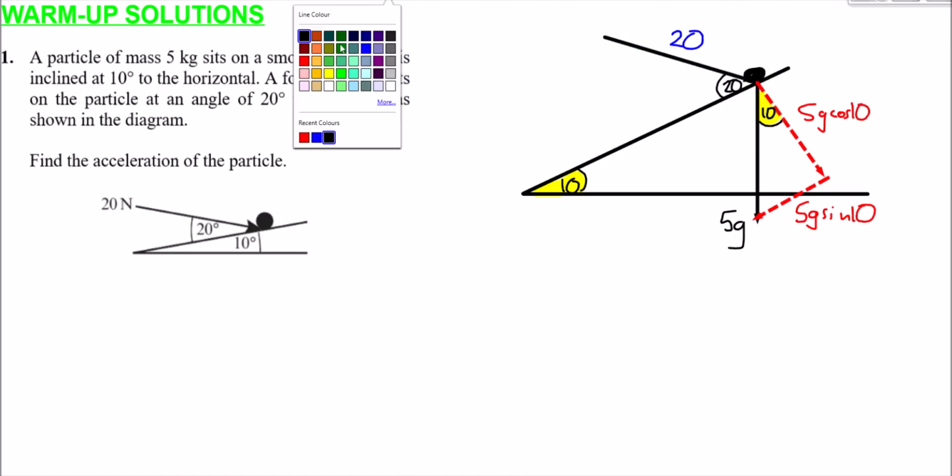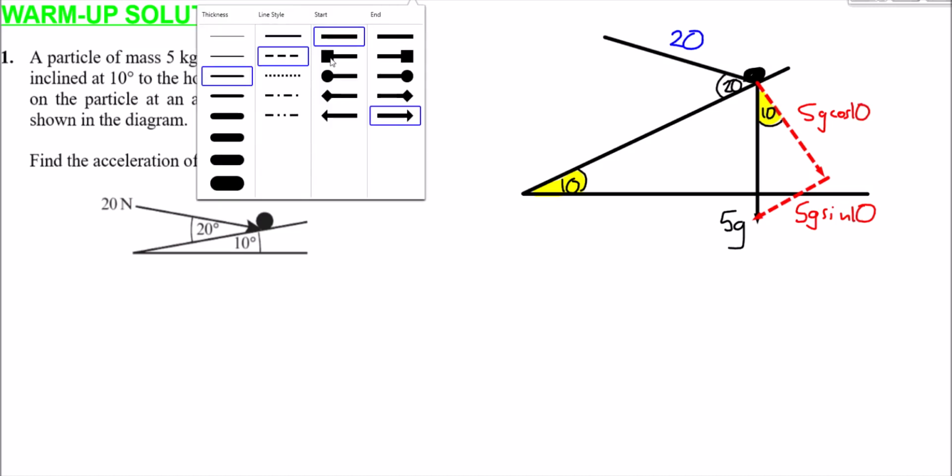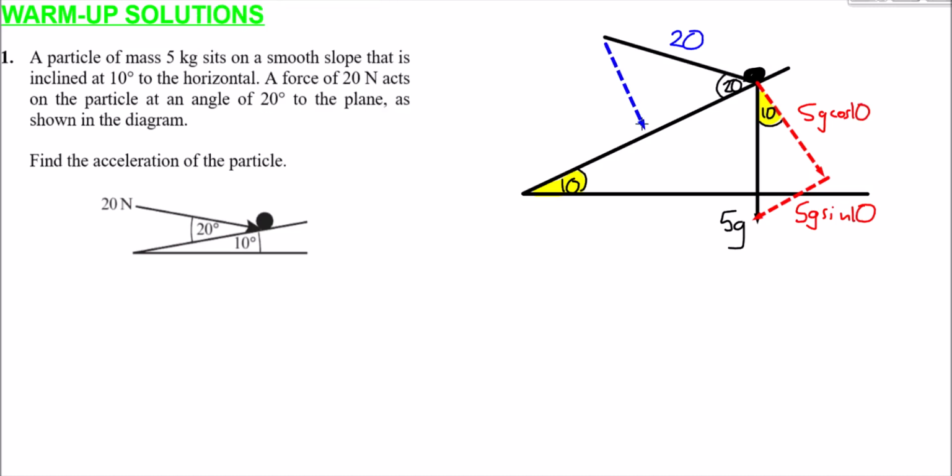So we'll have these two components acting in these two directions. The component opposite to this angle will be 20 sin 20, and the component going parallel to the slope up it is going to be 20 cos 20.